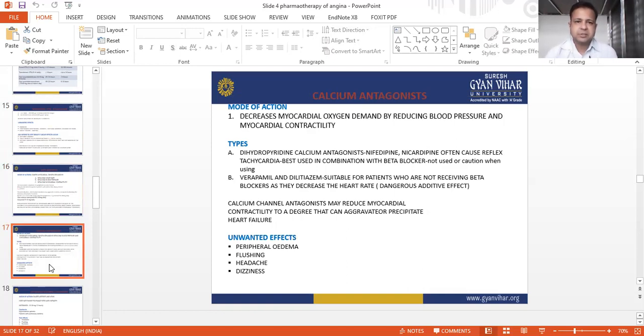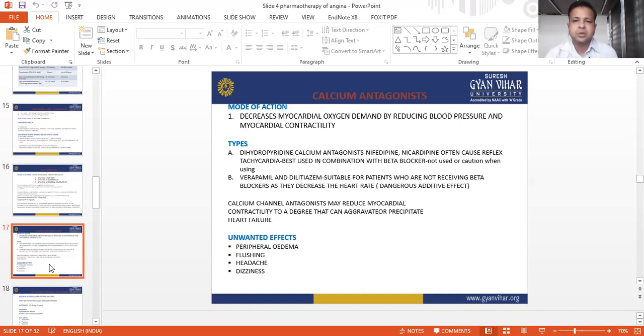Calcium antagonist. Mode of action: decreases myocardial oxygen demand by reducing blood pressure and myocardial contractility. Types: dihydropyridine calcium antagonists, examples are nifedipine, nicardipine, often cause reflex tachycardia, best used in combination with beta blocker.